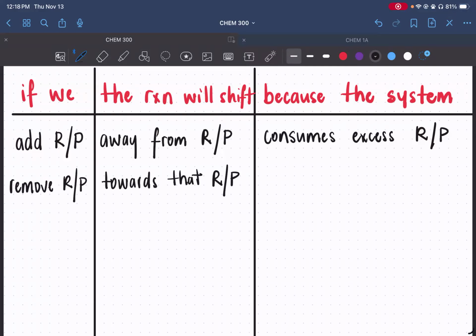The reaction says, why would you do that? Now I've lost some product. I got to shift towards that product. Why? Because I have to replace what was lost. That's adding and removing reactant and product.